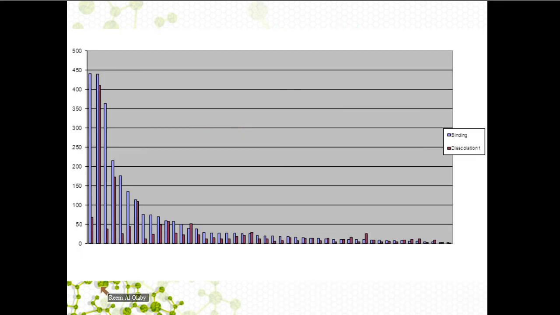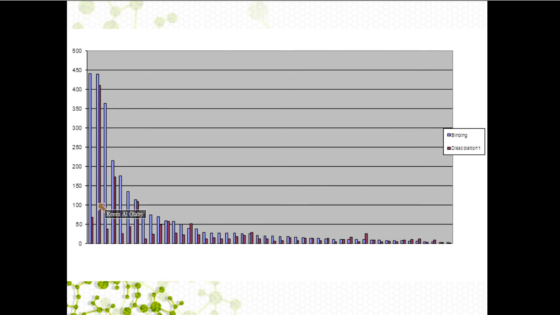This slide actually shows us the binding and dissociation of different ligands, where, as we can see, some ligands have higher binding affinities, but their off rates are faster than others. For instance, let's compare this to this.